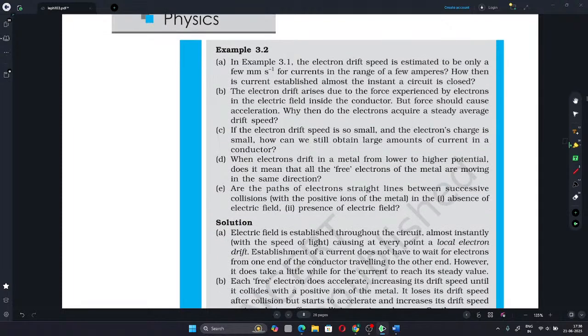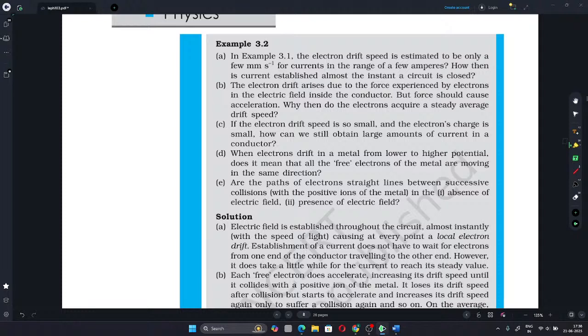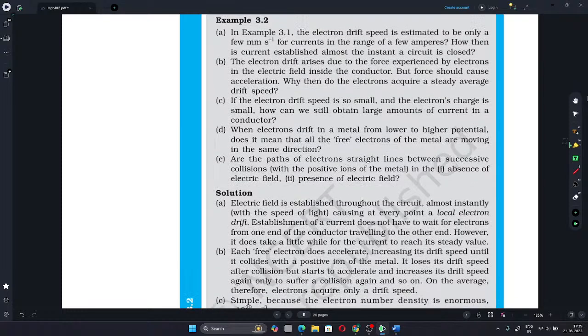Answer to the first question: the electron drift speed is estimated to be only a few millimeters per second for currents in the range of few amperes. How then is the current established almost the instant a circuit is closed?